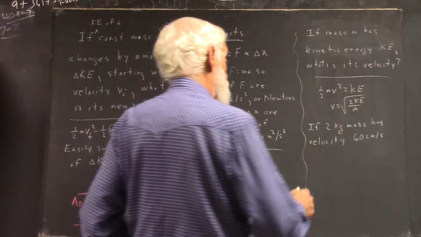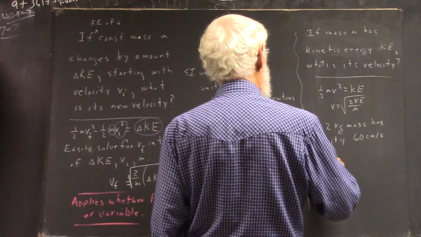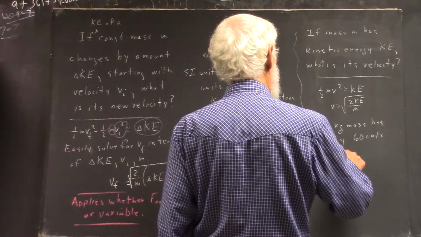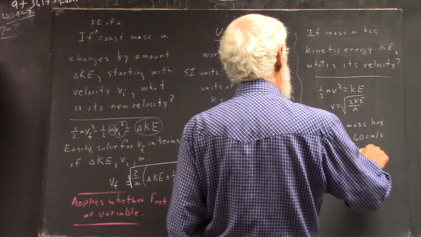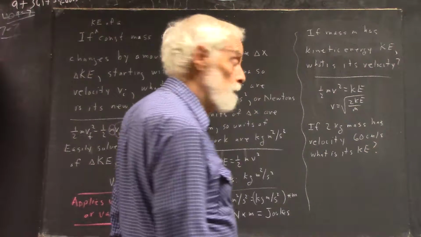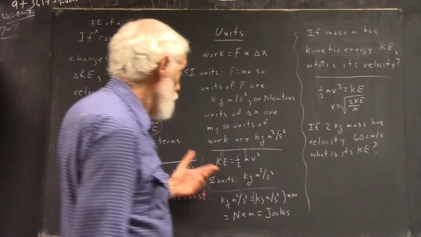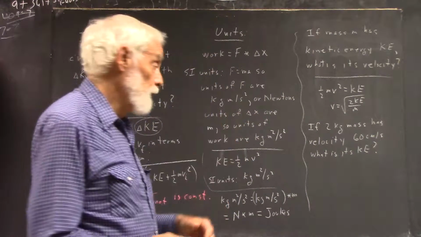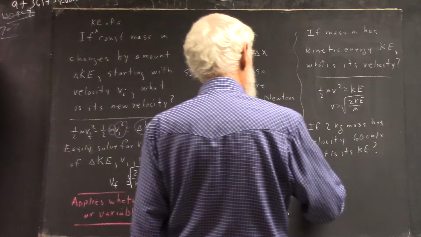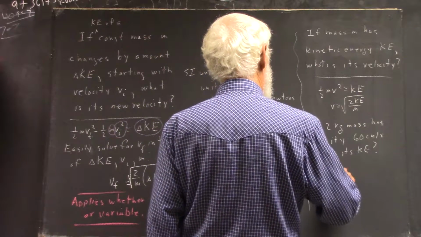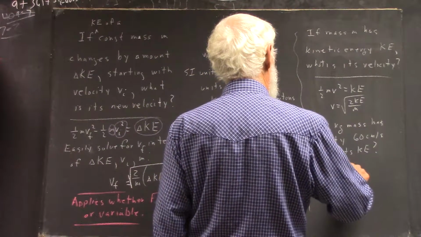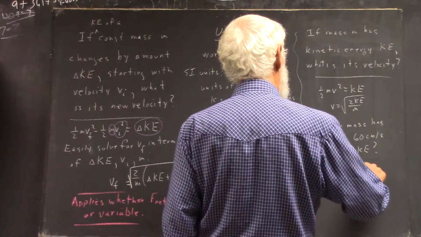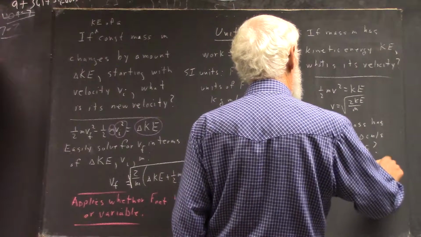Then what's its kinetic energy? Now that one's really straightforward, because you got the definition of kinetic energy, 1/2 mass times velocity squared. Well, Ke is then 1/2 mv squared, which is 1/2 of 2 kilograms.